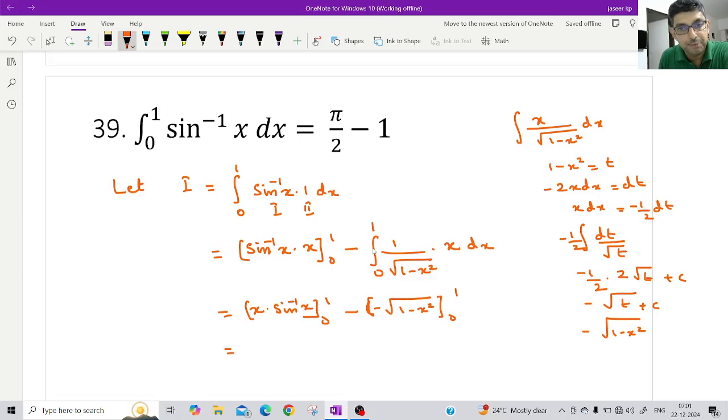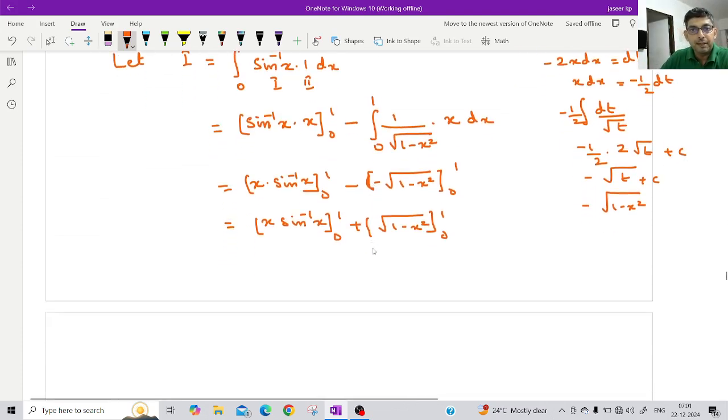So that is x into sine inverse of x from 0 to 1 plus root of 1 minus x square, limit 0 to 1. Now we will apply the limits.